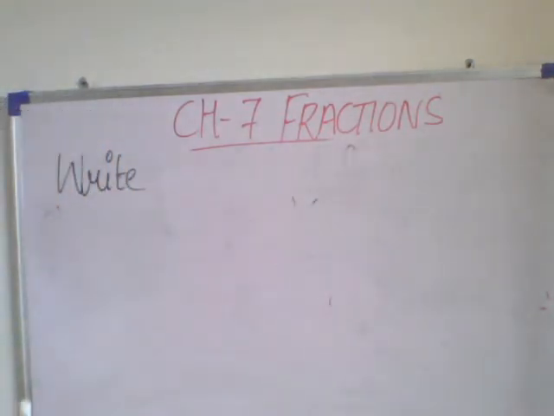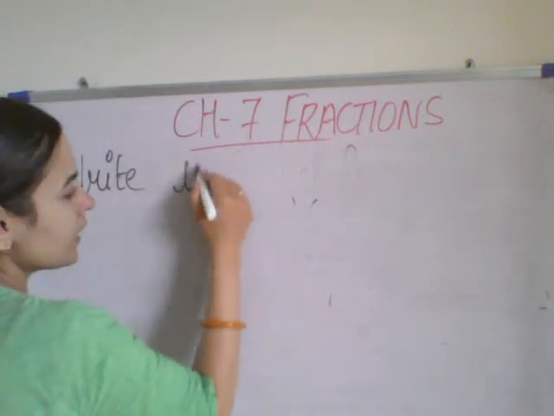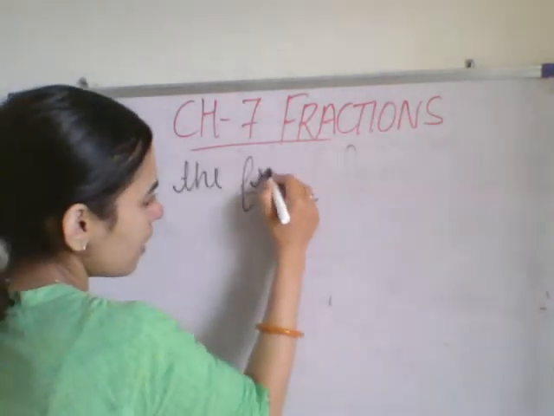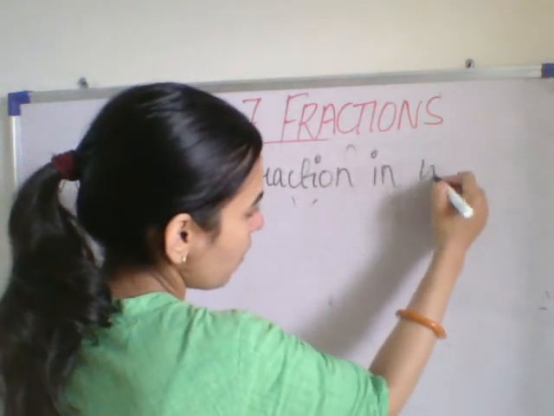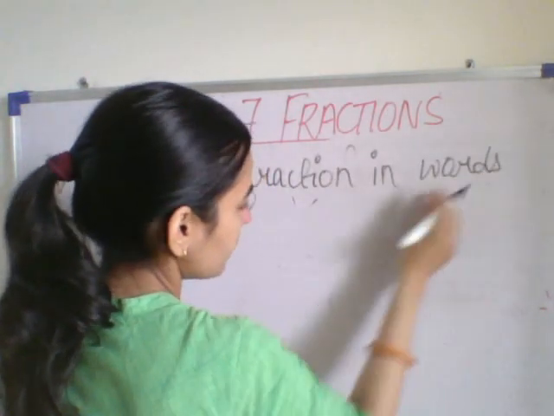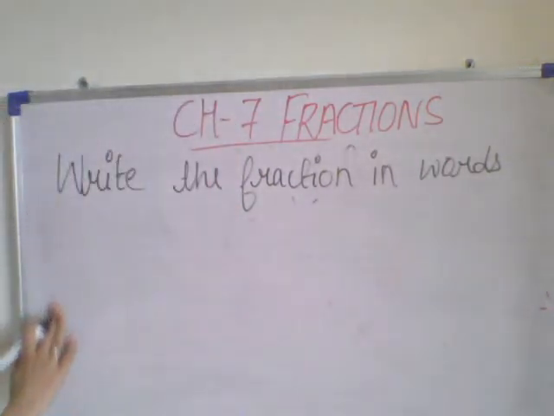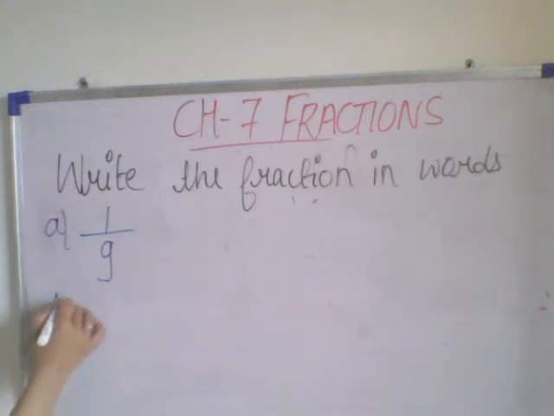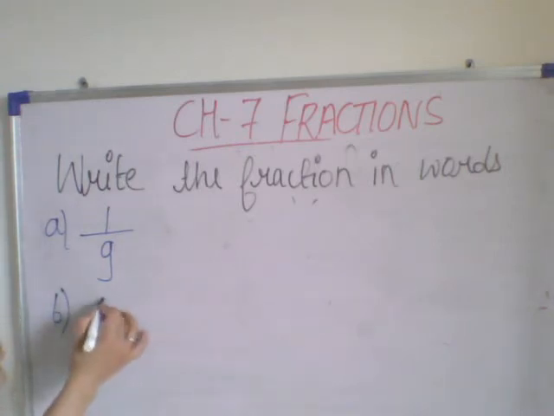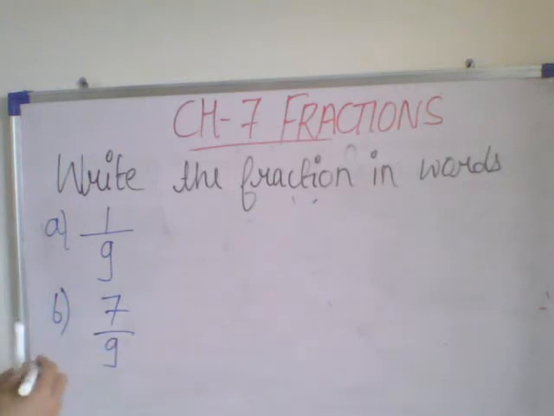The first fraction that is given is 1/9. The second that is given is 7/9. Then how will I be writing these fractions in words?